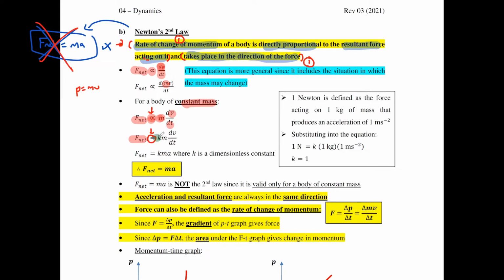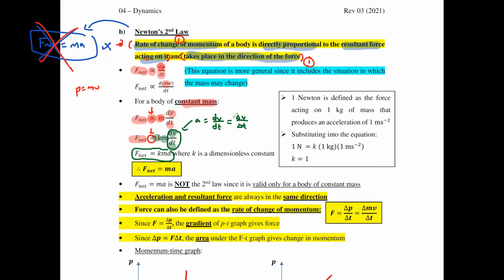So F net equals km dv/dt. Then you also learned in your kinematics chapter that dv/dt is actually acceleration. You can just think of it as delta v over delta t; they mean the same thing. So your final expression becomes F net equals kma, where k is a dimensionless constant.